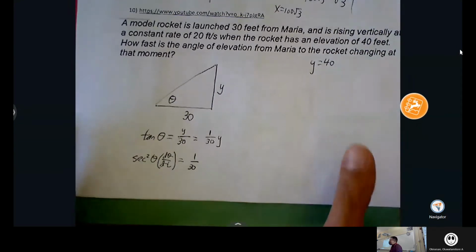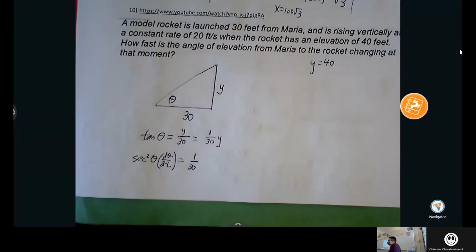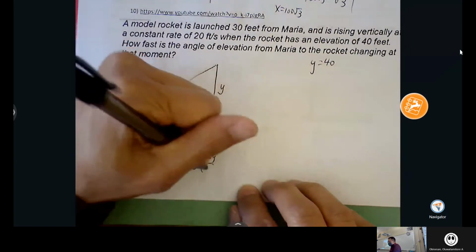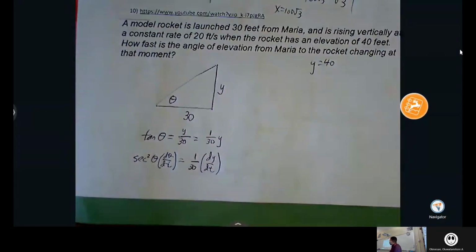But what's the underlying variable that's impacting everything here? Time. So how does time play a role for y? It becomes dy dt. So with related rates, every variable is going to turn into some sort of a d over dt.